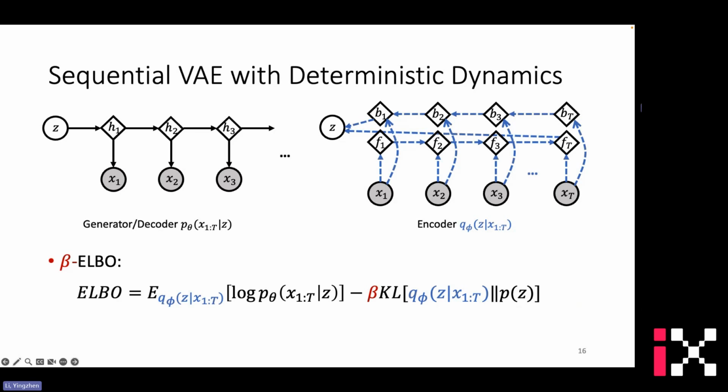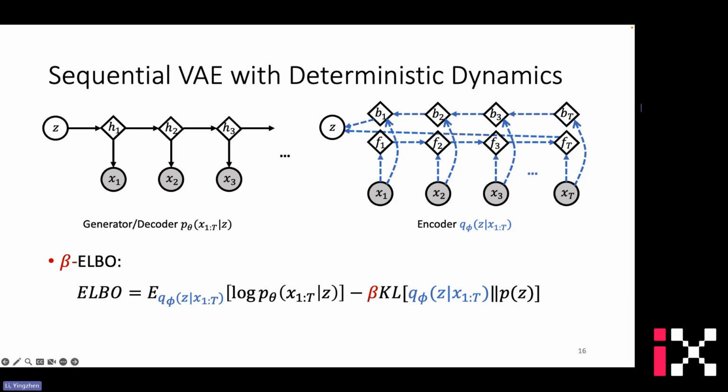People found that this trade-off can be very tricky to control, so they introduced this beta term. People also use it in the static case, like using a variational autoencoder to generate images.